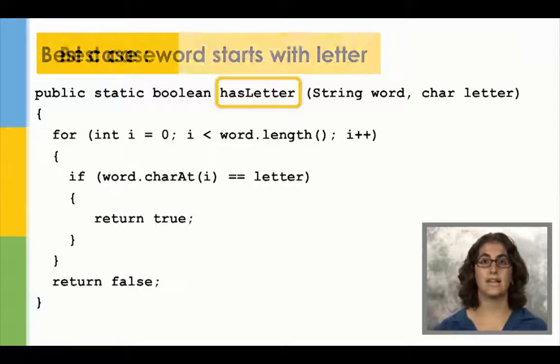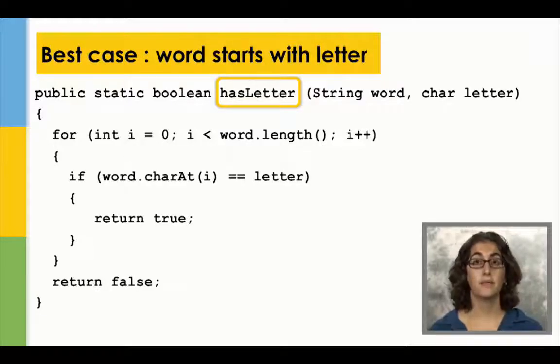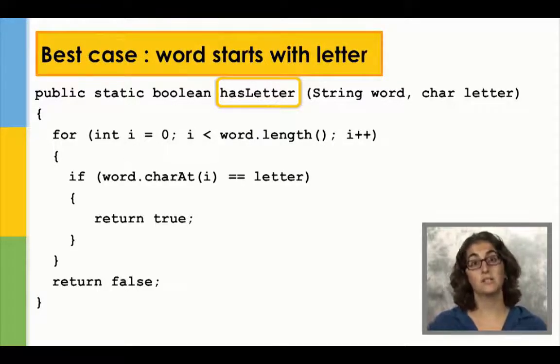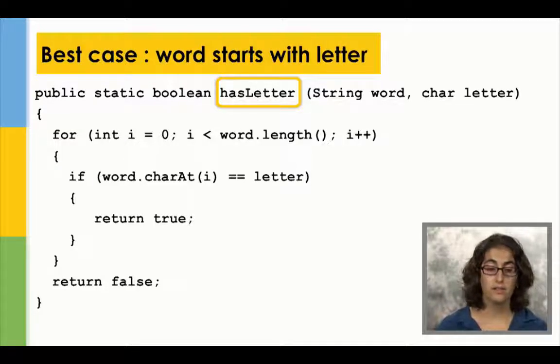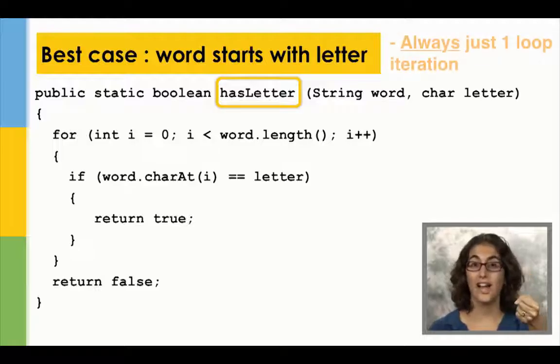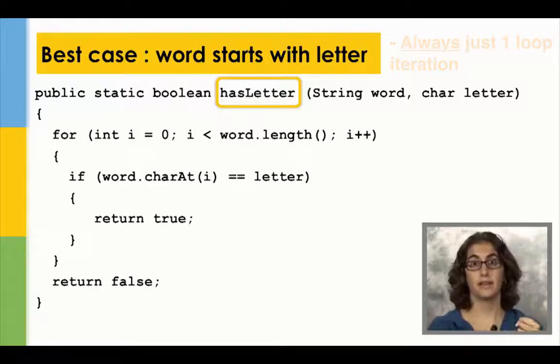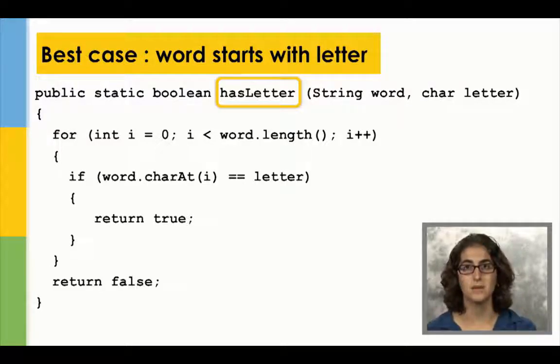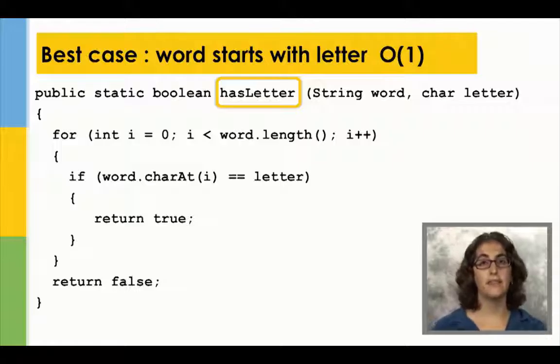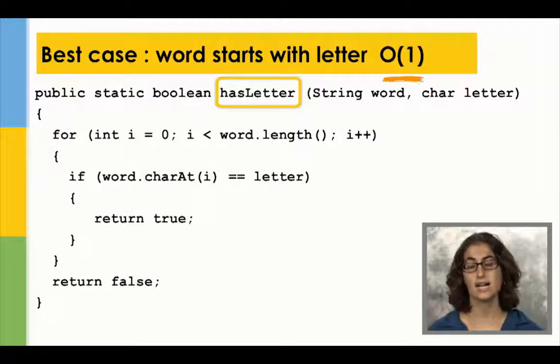So the best case for this method is when the word that we've input starts with the letter that we're looking for. And in that case, this algorithm just really needs to do one check. It just compares the letter that we're looking for with a character at the first position of the string, and that takes constant time. So in the best case, this method is a constant time method.